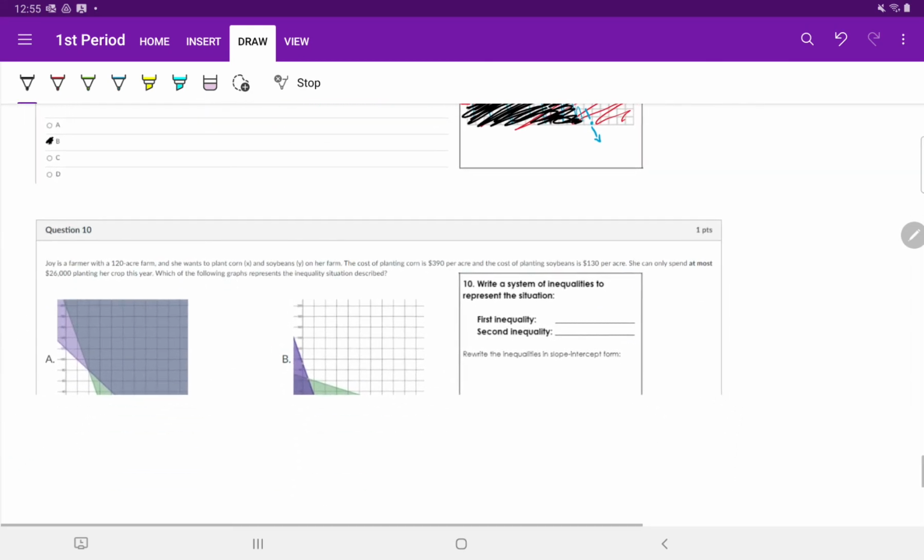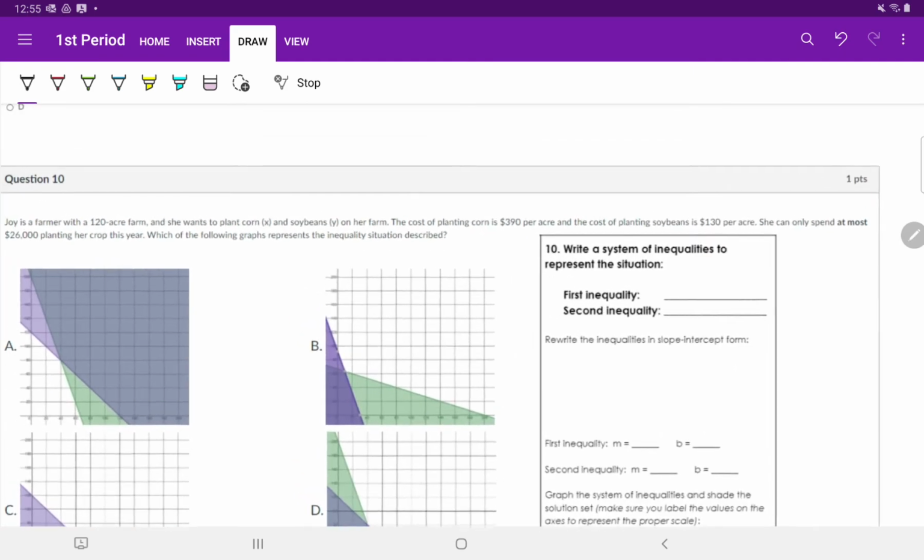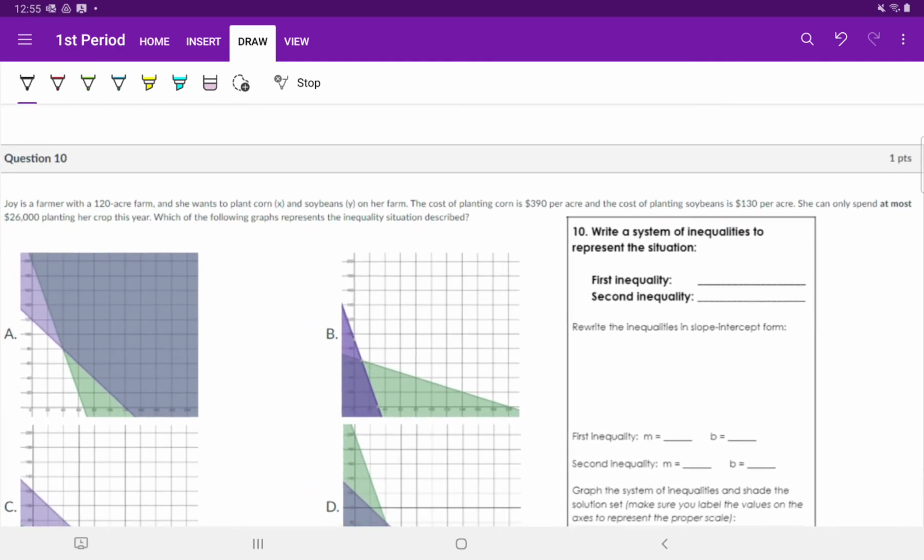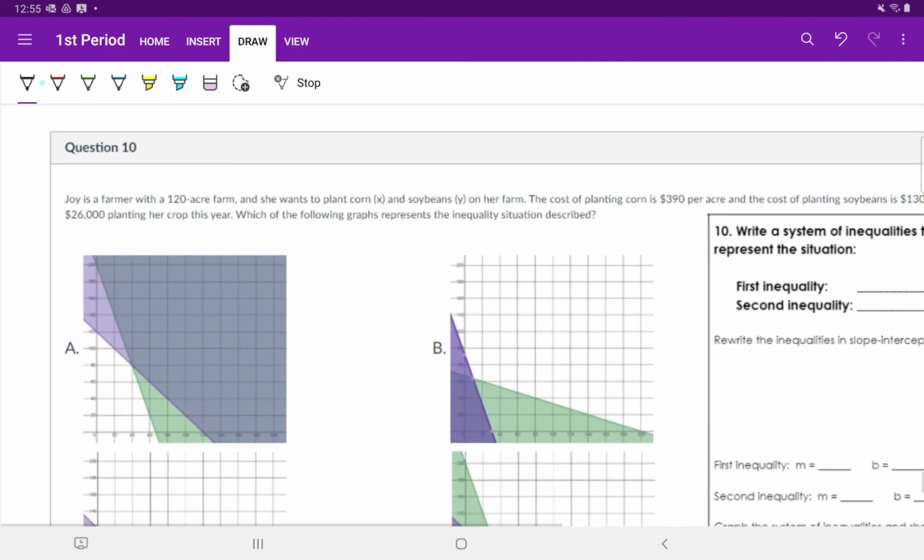Moving on to our final question. This is a word problem. Joy is a farmer with a 120-acre farm, and she wants to plant some of those acres with corn and some of those acres with soybeans. Before I continue, I'm going to pause here.